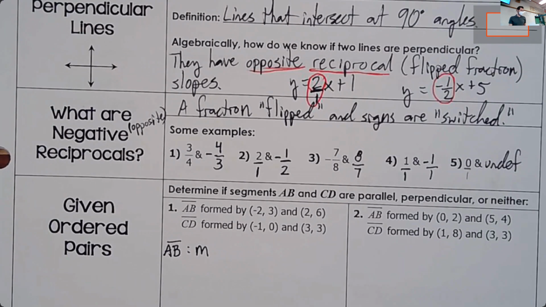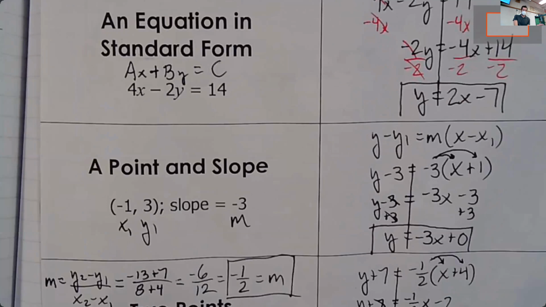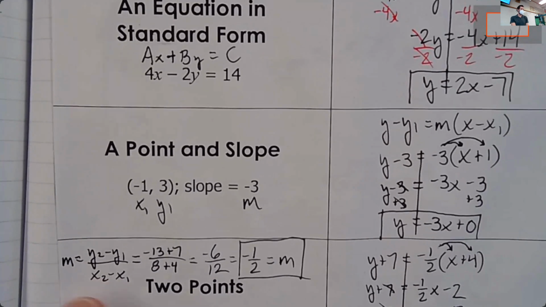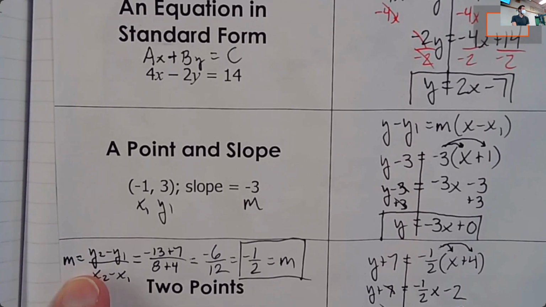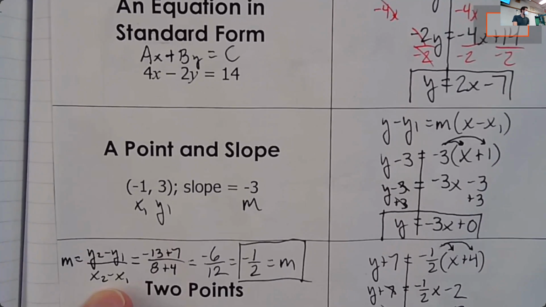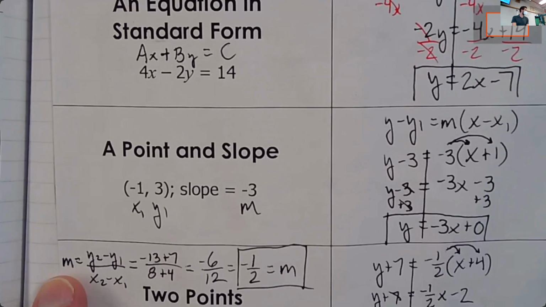I'm going to go to the very last problem down here at the bottom. If you are given 2 points and you have to find the slope of a line, here it is, on the bottom left. What do we call that? Yeah, it's 2 points and we're finding the slope, which is the slope formula.